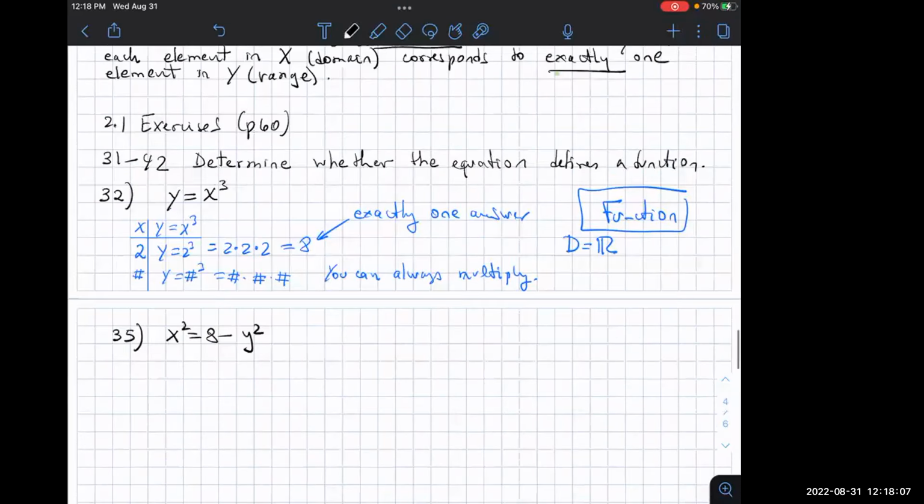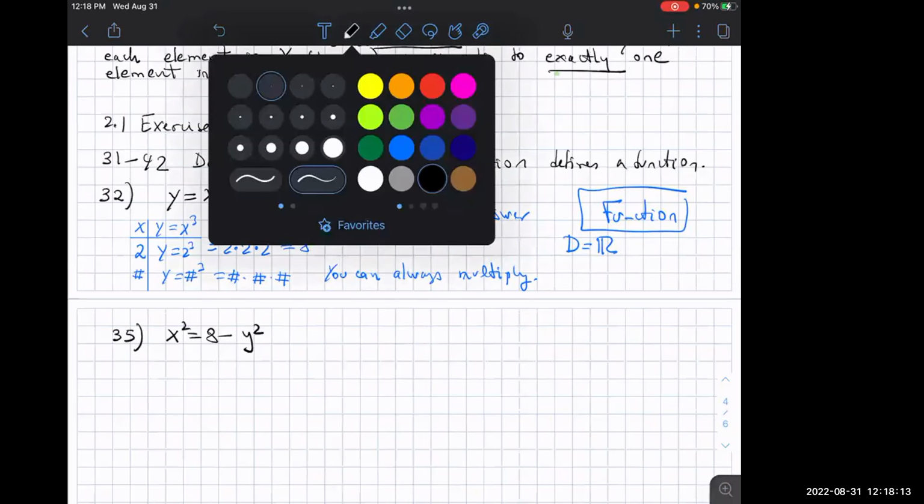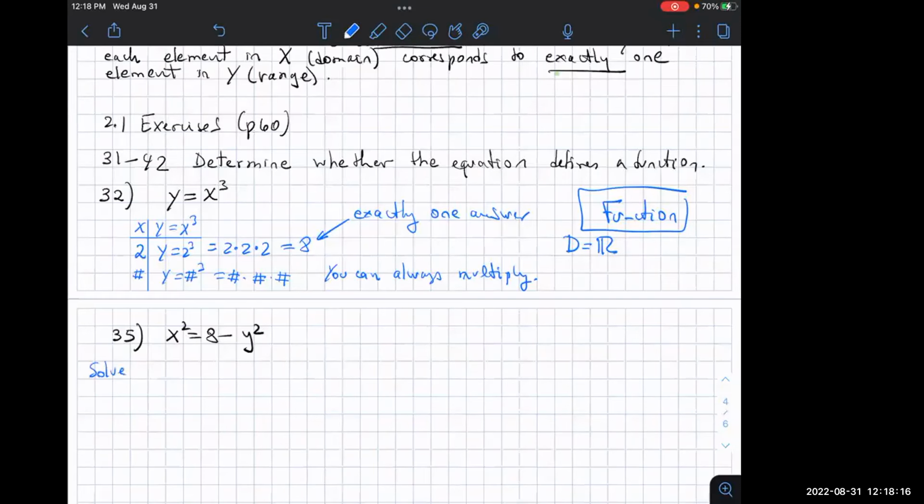In order to find the domain and to see if it's exactly one answer, you want to solve for y. But because y is squared, we have to solve for y squared first. Isolate y squared. So what do we do? x squared minus 8. We're taking 8 to the other side. So x squared minus 8 equals negative y squared.